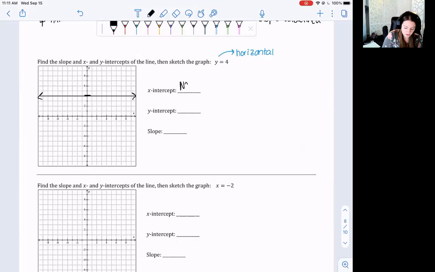So there is no x-intercept. The y-intercept, though, is 4. It's 4 everywhere, but at the y-axis, it's 4. So the y-intercept is 4. And then the slope of horizontal lines is 0.